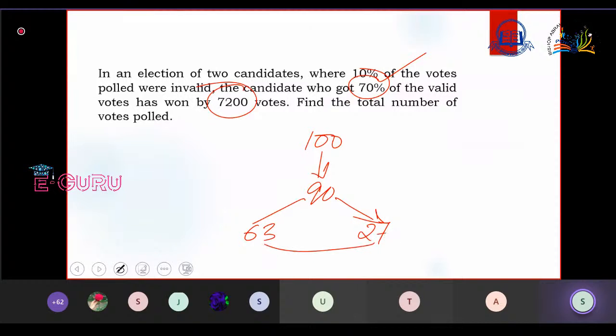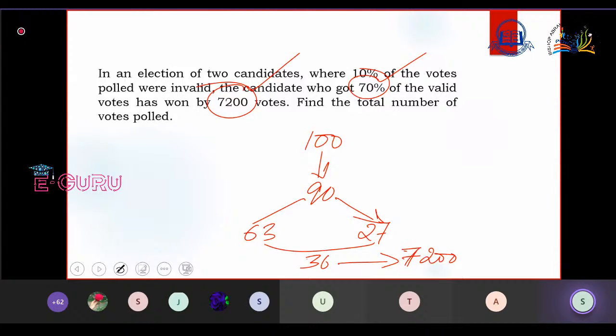So their majority is the difference of 63 and 27, that means 36, right? So from the assumed value, the majority of the candidate who won is 36, but in the actual scenario, the majority is 7,200.